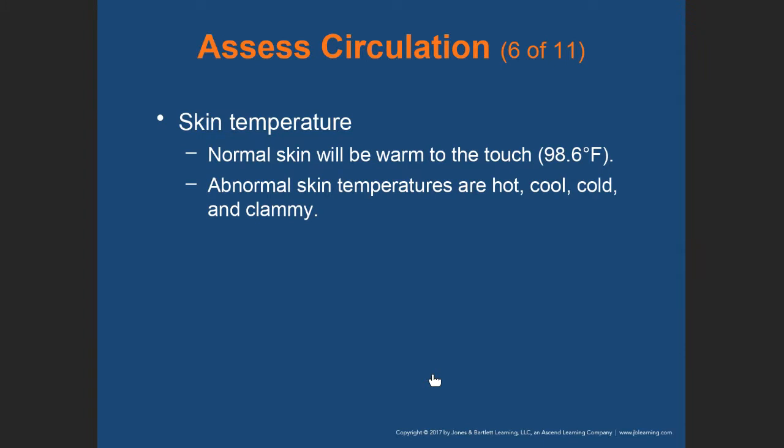And in this day and age, we would already have done a thermometer reading because that's what most protocols now require before we make contact. We check the temperature because of the whole COVID situation. But when we're doing temperature here, it's not to get an accurate temperature reading with a thermometer. It's to determine if the patient is showing signs of shock. The circulatory system is compromised. Abnormal skin temperatures are hot, cool, cold, and clammy.